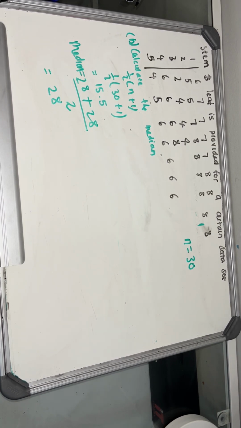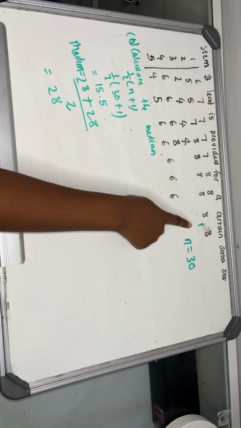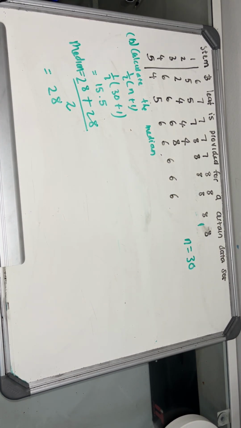Hope that makes sense. Also keep in mind, after we find the median, we're not saying it's a part of the data set. The median is just a value that divides the data set into 2 equal parts. I hope that is making sense.